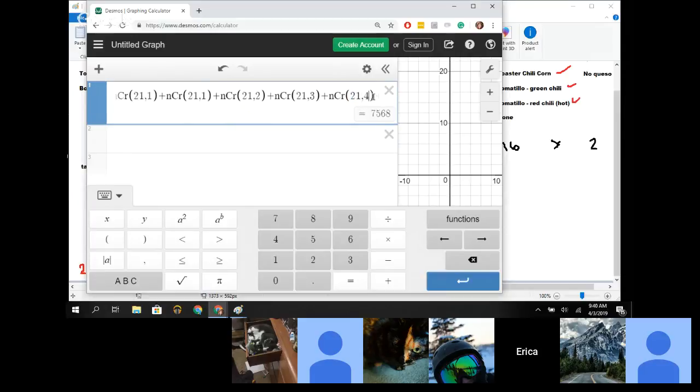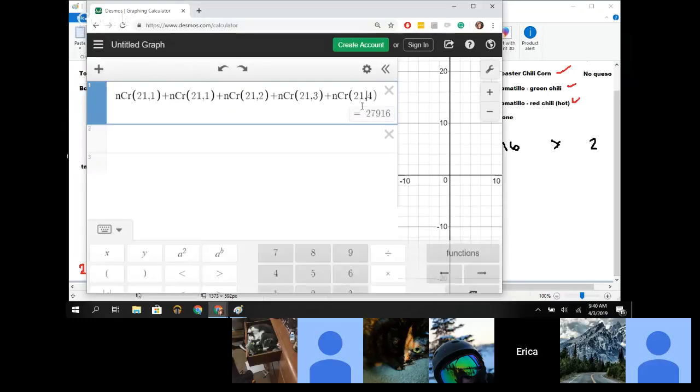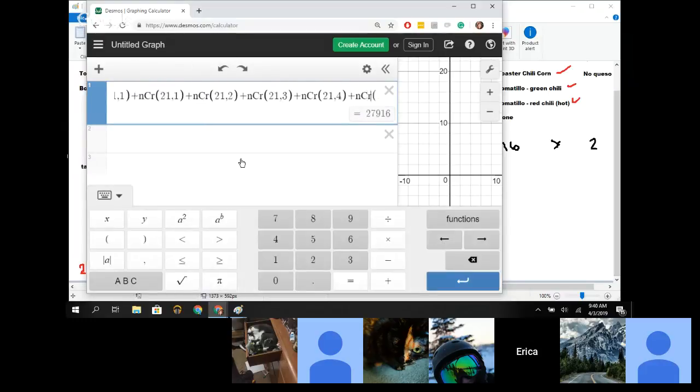Gonna take a while here. You guys know what I'm doing here. Oh no. I just discovered that undo button. Thank goodness. 6, 7, 8, 9, 10, 11, 12, 13, 14, 15, 16, 17, 18, 19, 20, 21.